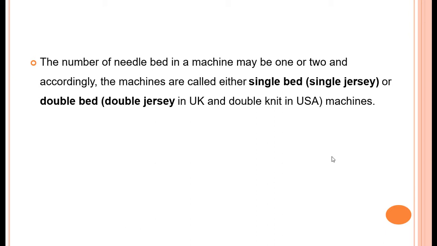If we have a single bed in the knitting machine, we call them single bed or single jersey machines, and if we have two beds, maybe like a cylinder and dial, we can call it double jersey weft knitting machines or double knit weft knitting machines.